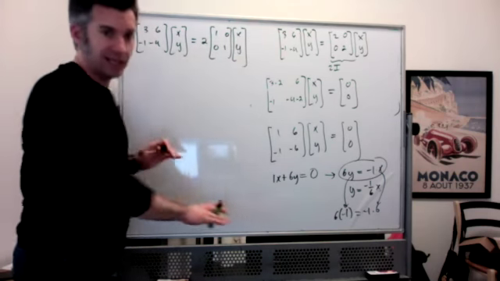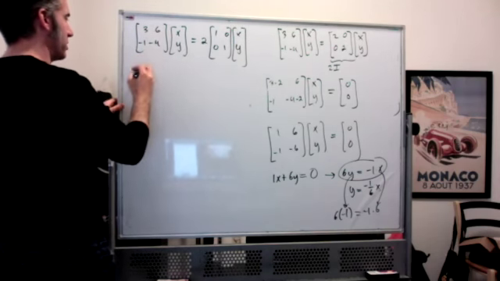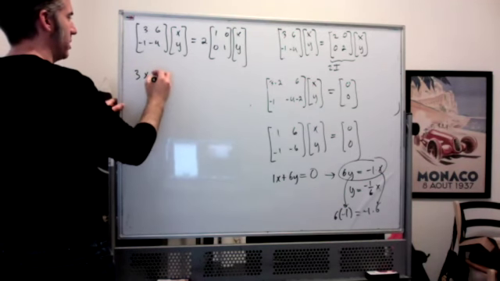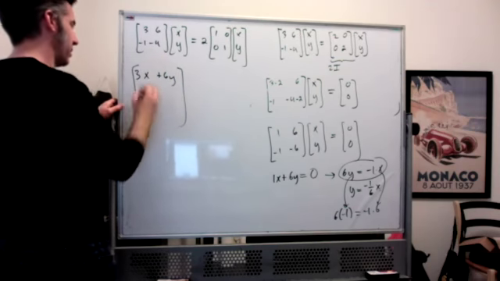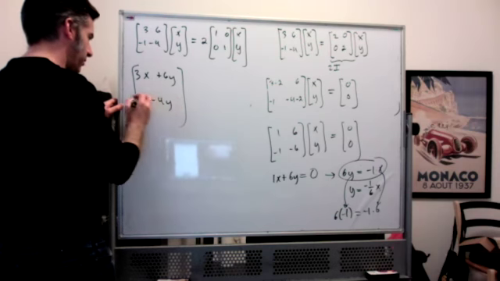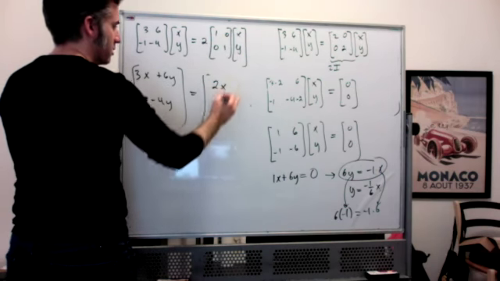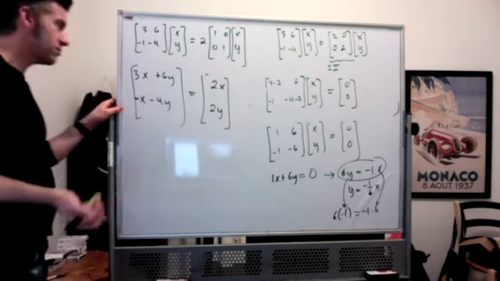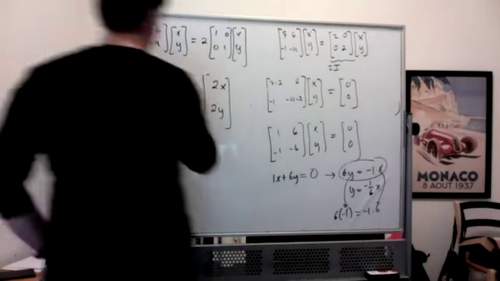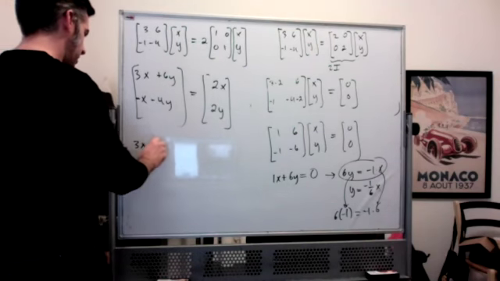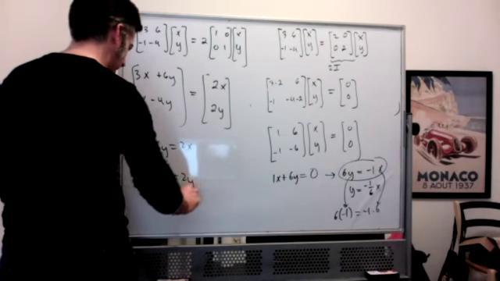So we did it that way, which yes is the longer way. Either way it's the same work. What I'm really getting here is 3x plus 6y as the first entry of this side of the product, and then negative x minus 4y. On the right side, I'm getting 2x and 2y. So here I'm getting 3x plus 6y equals 2x, and negative x minus 4y equals 2y.